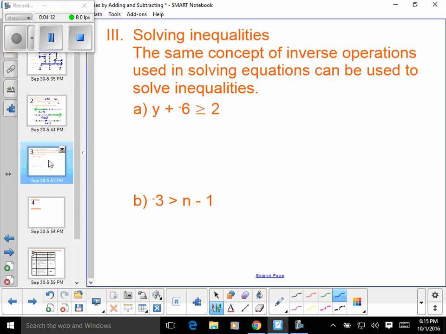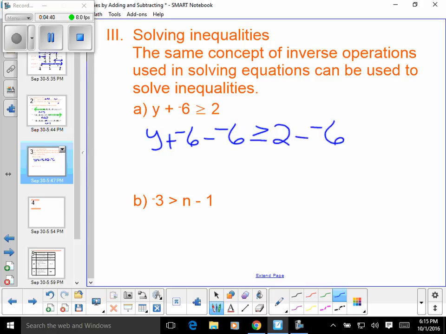The next part of the lesson is a review of what we did last year in 7th grade, solving an inequality. The same concept of using inverse operations in solving equations can be used to solve inequalities. So you're going to note that this is very much like solving equations. y plus negative 6 minus negative 6 is greater than or equal to 2 minus negative 6.